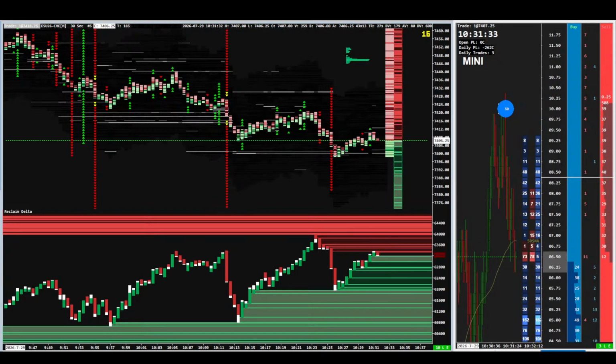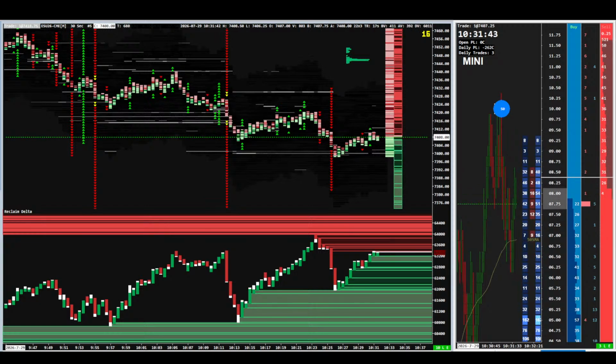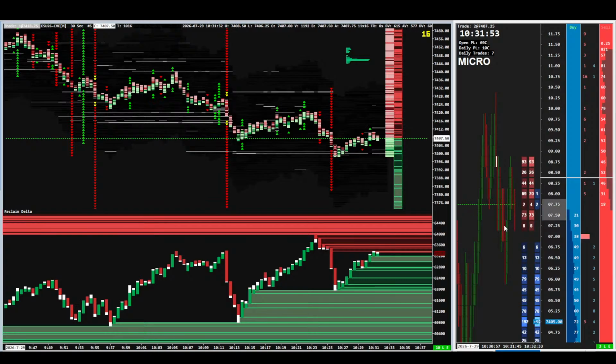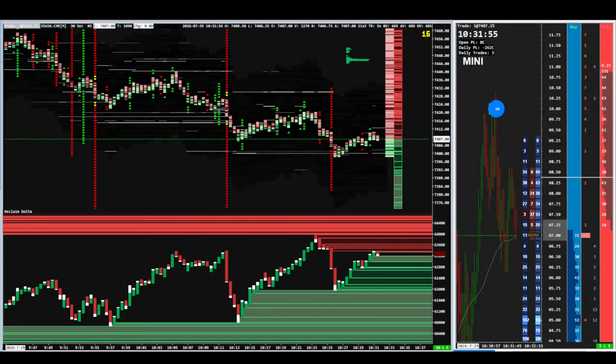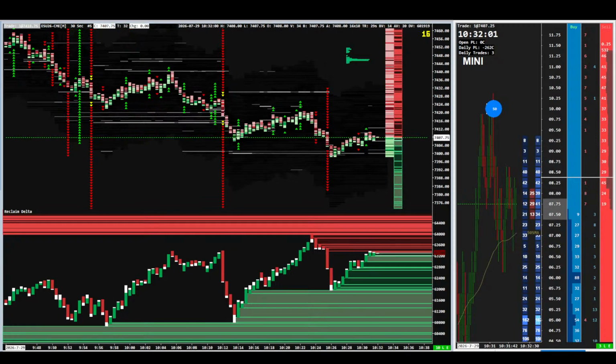Are they going to drive it or what? Sticky as fuck. She's not getting it through there, though. But it's still abnormally large sell weight.